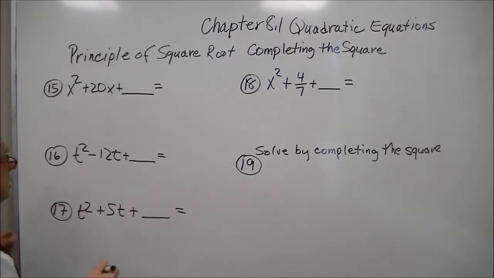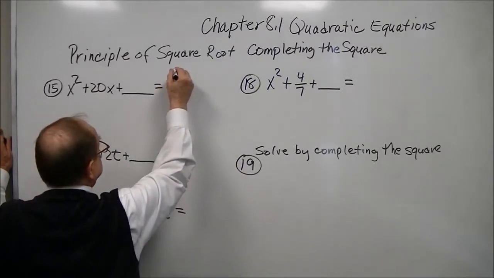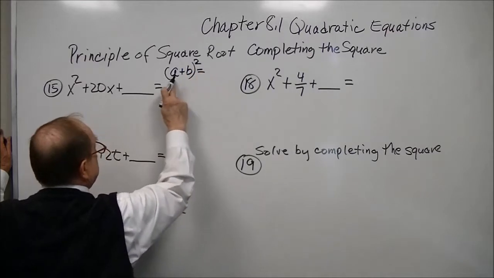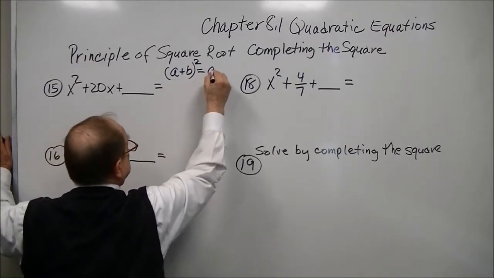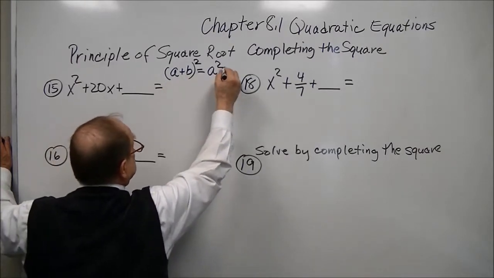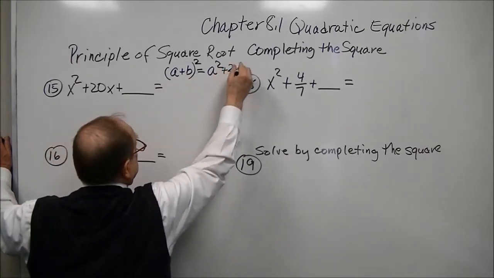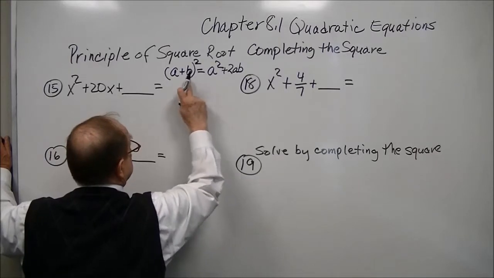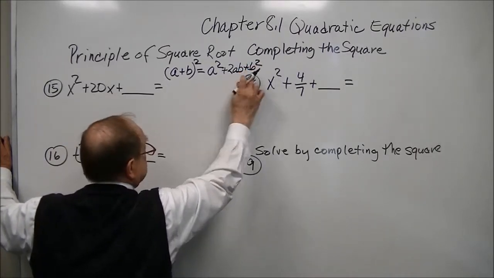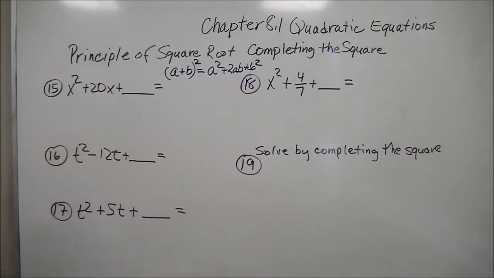And then you recall, if we had something like a plus b, the quantity squared, we would square that first. We would multiply these two together and then double it. And we would square the b term. And this is our perfect square trinomial.